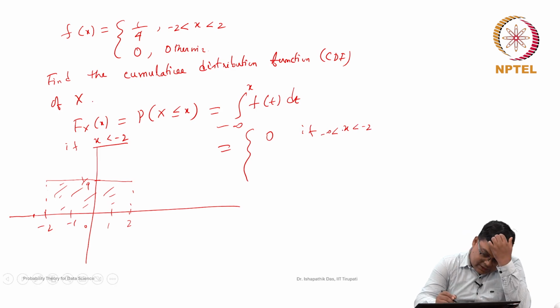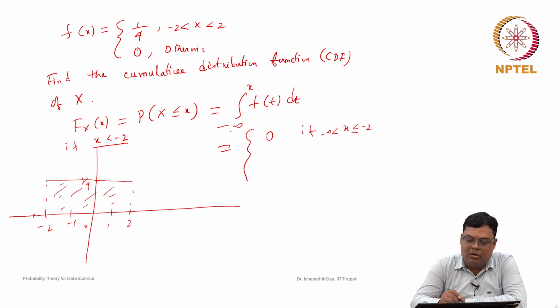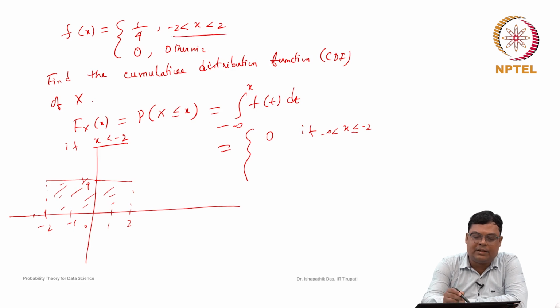Now, whenever x is greater than or equal to minus 2, or you can consider less than or equal to minus 2 also, because if you are doing the integral from minus infinity to minus 2, the density does not exist, it equals 0. It exists only in this interval.